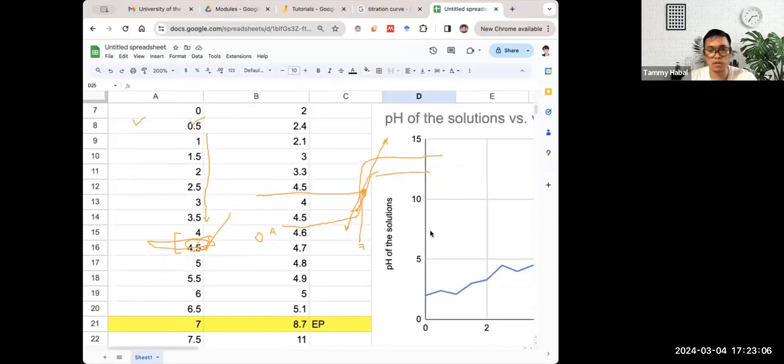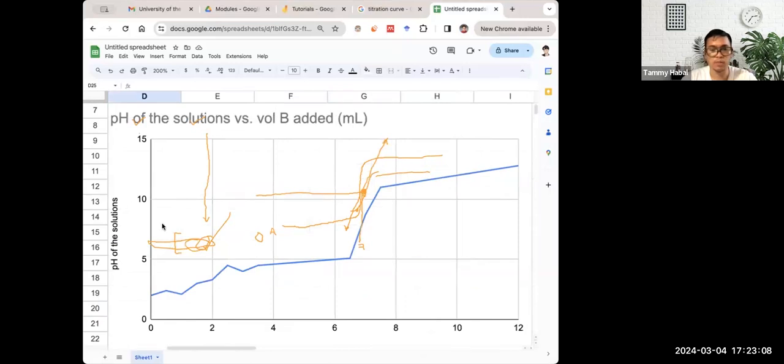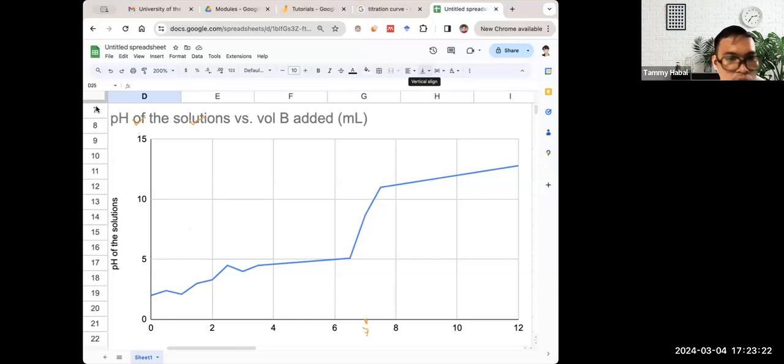That is your center. Ito yung pH 8.7. So, ang tansya natin, 7.5. Pero if we draw a line here, your pH is around 8.7.